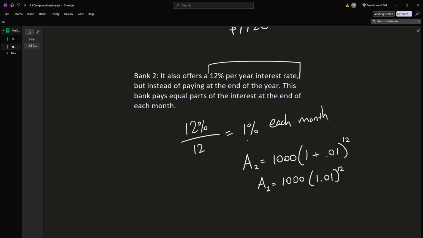And applying this, let me look at my calculator. 1.01 to the 12th power. Where was it? I can't see it.